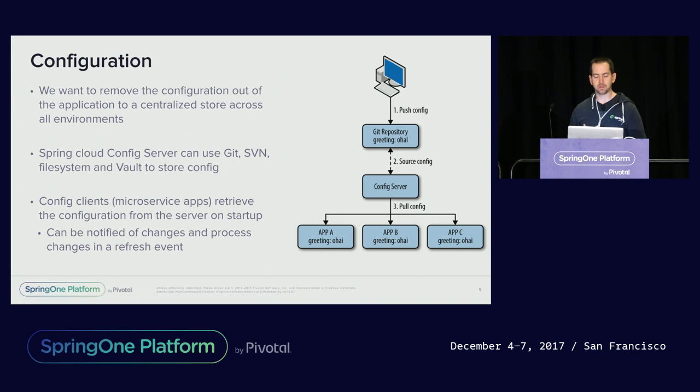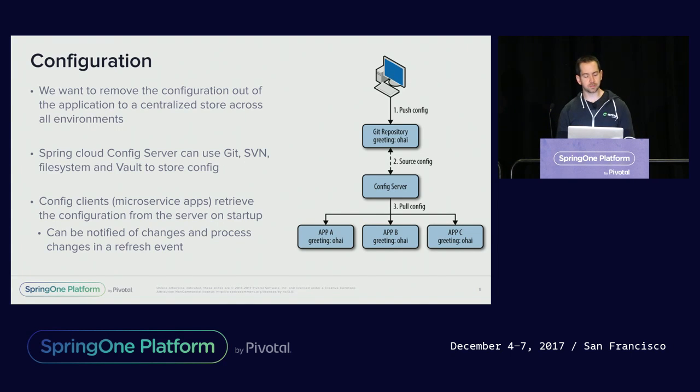By having configuration served from a configuration server, we can eliminate that problem, right? So you can go ahead and change the configuration in the configuration server, and then when the application wants to refresh its configuration based on some schedule or whatever, you can do that without having to bring down the application and redeploy it.